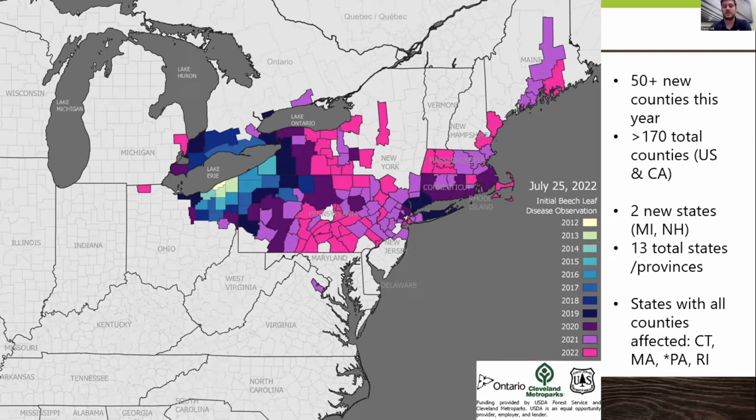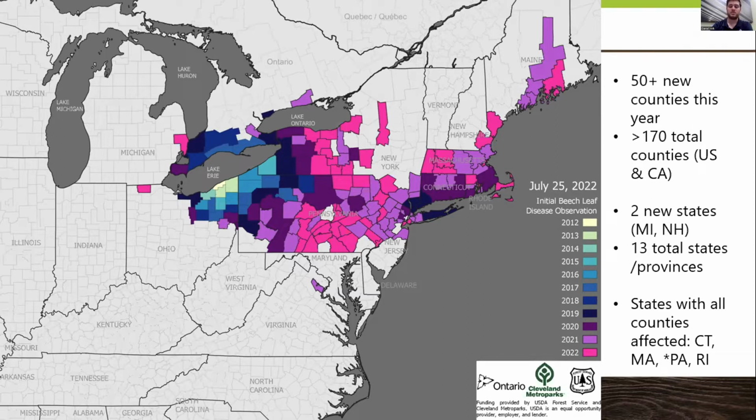Those that are completely filled in, they win the award of not something you typically want to win, but Connecticut, Massachusetts, Rhode Island, and then I believe, I put an asterisk there for Pennsylvania, but I believe that has been filled in. There may be 1 or 2 holdout counties, but this thing is really spreading fast.